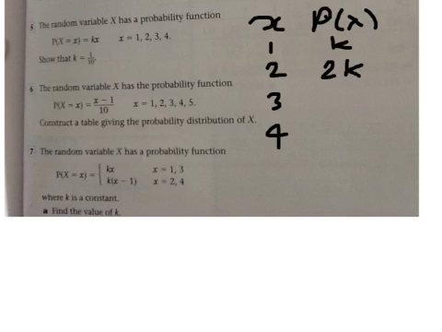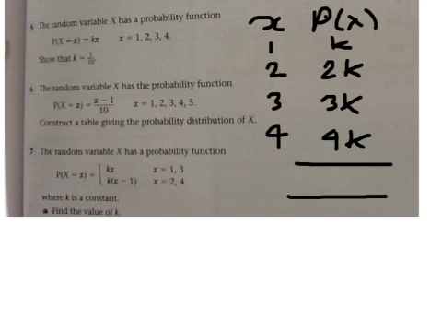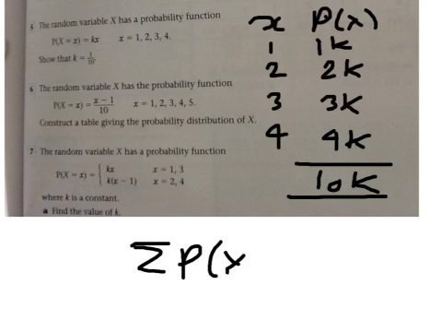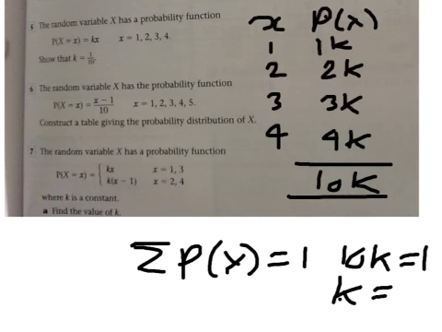So we get 3k and 4k in the same way. Now all the probabilities, if I add them together, I've got 1k, 2k, 3k and 4k. That comes to 10k. And we should know that the sum of P(x) equals 1. So we've got 10k equaling 1. So k is 0.1.